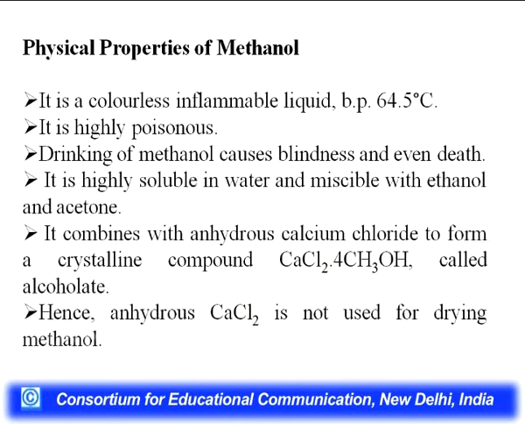It is highly soluble in water and miscible with ethanol and acetone. It combines with anhydrous calcium chloride to form a crystalline compound. You can see the structure, which is called an alcoholate. Hence, anhydrous calcium chloride is not used for drying methanol.